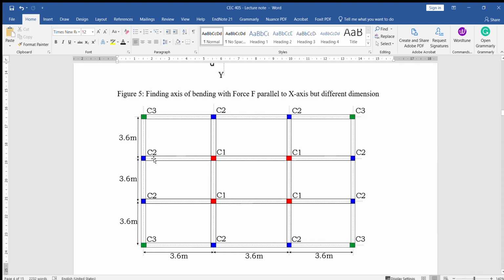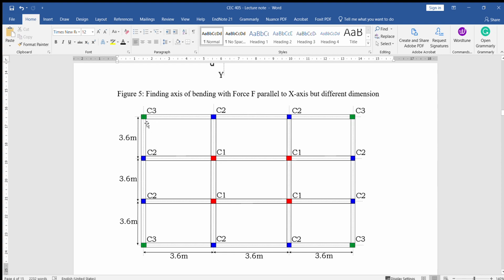So this one has only one uniaxial bending moment, because you need only a single span of beam to balance the moment on this column.